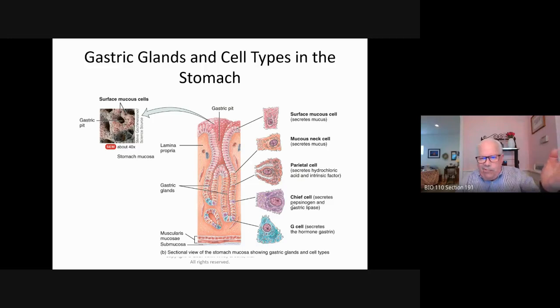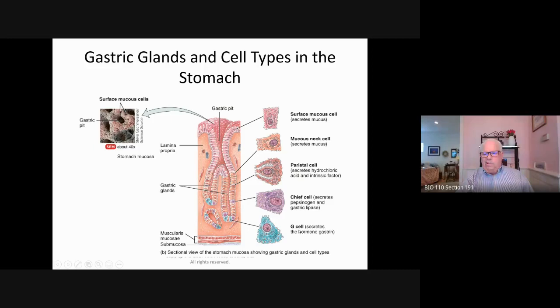Remember, in the mouth, you started degradation of carbohydrates and fats. But now in the stomach, you have pepsin, which is formed when hydrochloric acid attacks this protein, pepsinogen, and forms pepsin. And now you have protein digestion. The chief cell also secretes lipase, gastric lipase, and all lipases degrade fat or lipids.